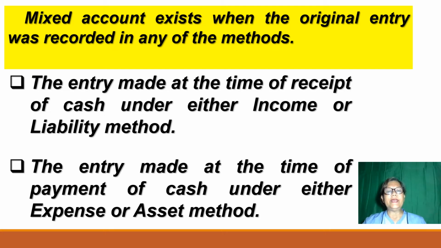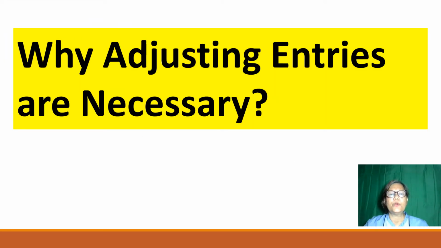The entry made at the time of receipt of cash under either income or liability method, and the entry made at the time of payment of cash under either expense or asset method. Why are adjusting entries necessary? Who can answer? Why are adjusting entries necessary? Yes, Dom?